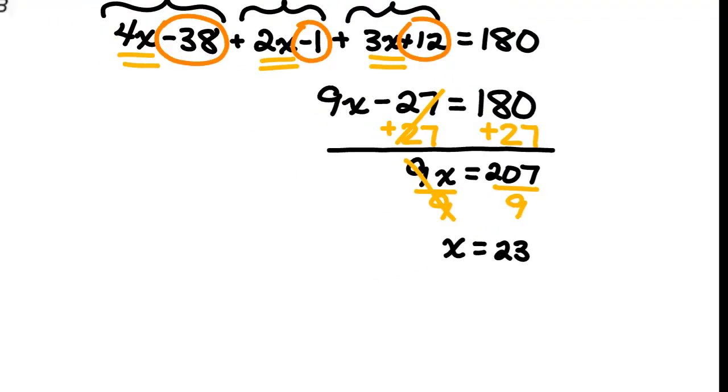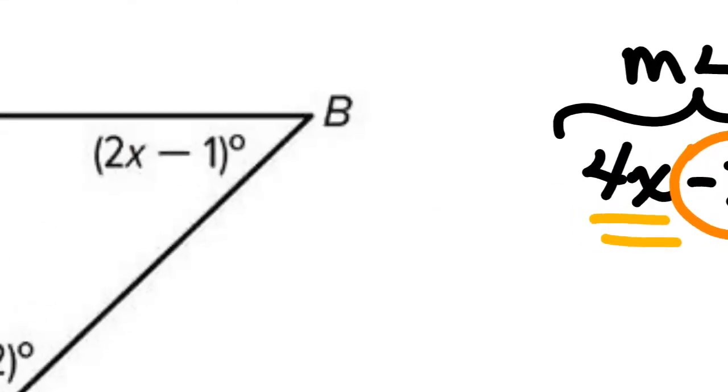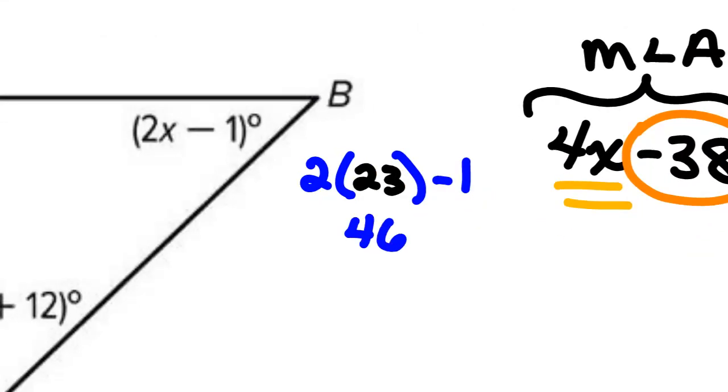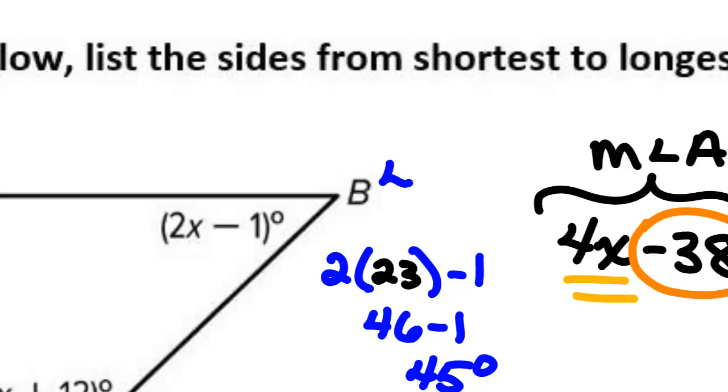We're going to substitute back in. We're going to take 23 and plug it in place of x into each of these angles. So for angle B, I would do 2 times 23 minus 1. 2 times 23 is 46, so I have 46 minus 1, which is 45 degrees.